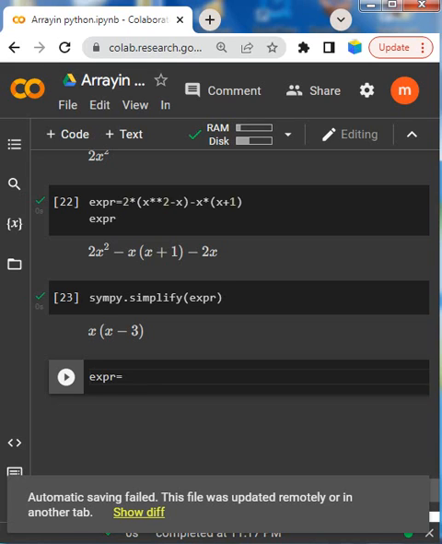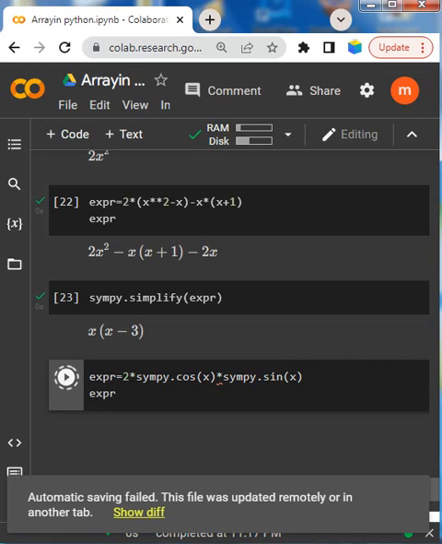Let's say expr is equal to twice multiplied by something like sympy dot cos of x, multiplied by sympy dot sin of x, and I want to print expr.